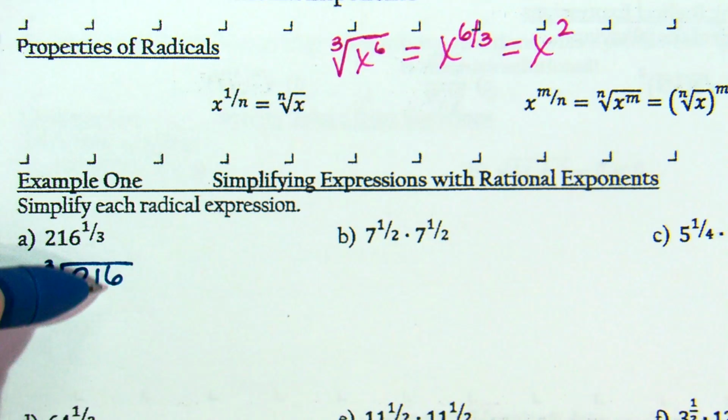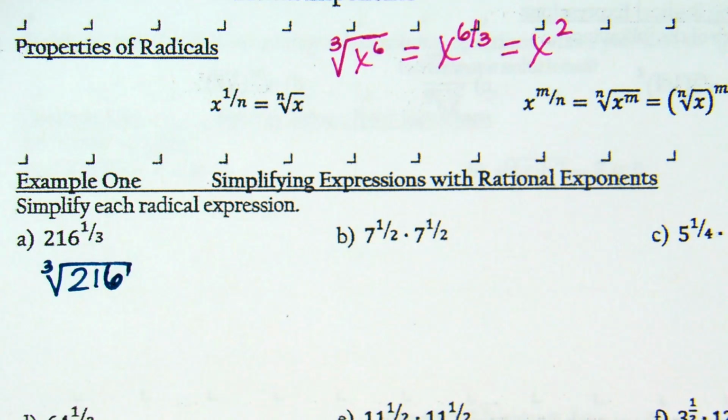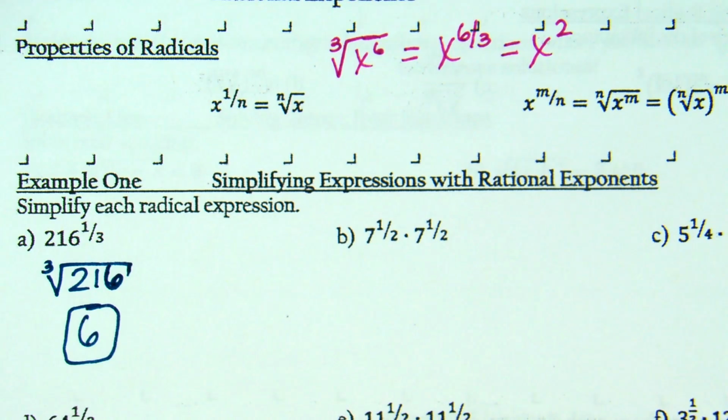Do we know the cube root of 216? Yeah, it's on our blue paper, isn't it? Don't even have to grab the calculator. It's on the blue paper, and remember you can just count down 2, 3, 4, 5, 6. So the cube root of 216 is 6. Okay, questions on what I did there?